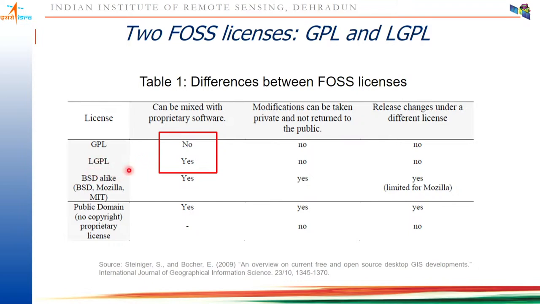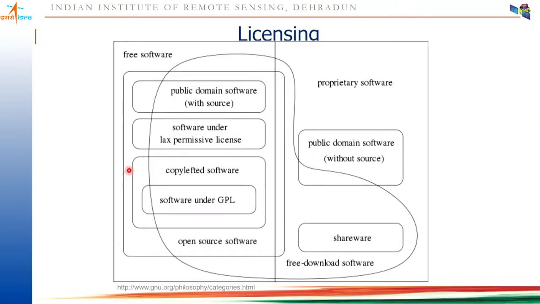So coming back to the previous slide, open source softwares are released under different kinds of licenses. Some licenses are a little restrictive. They are also called copylefted softwares because it is quite the opposite of copyrighted softwares. The copyleft software philosophy says that you should have a software which should always be free.